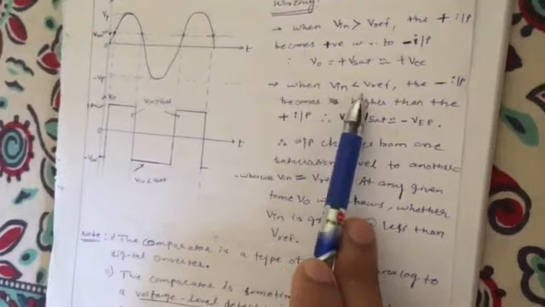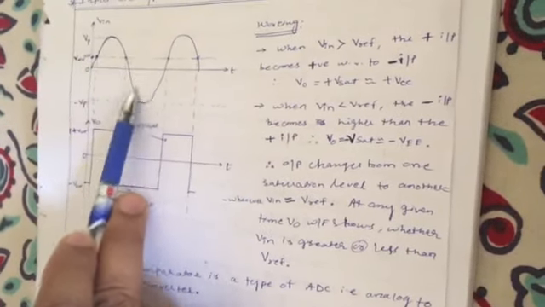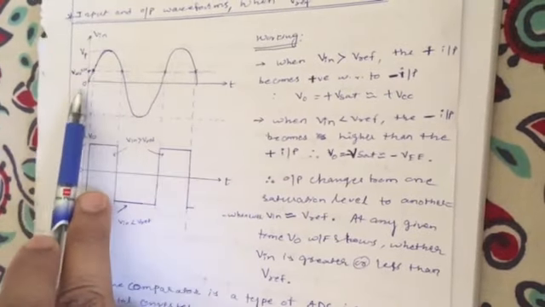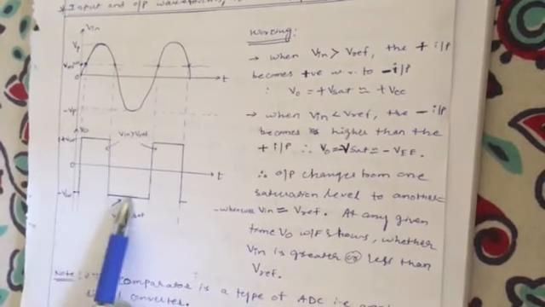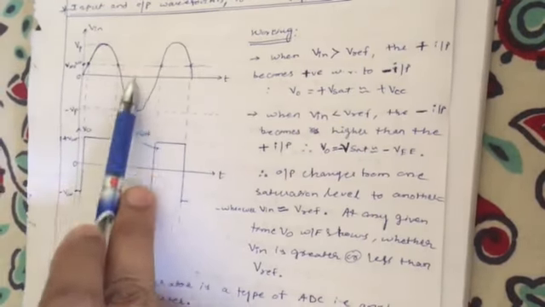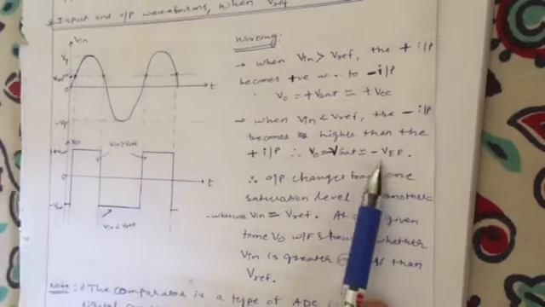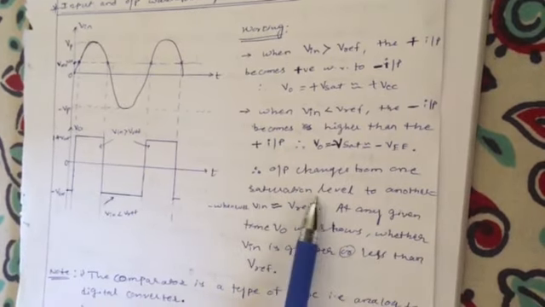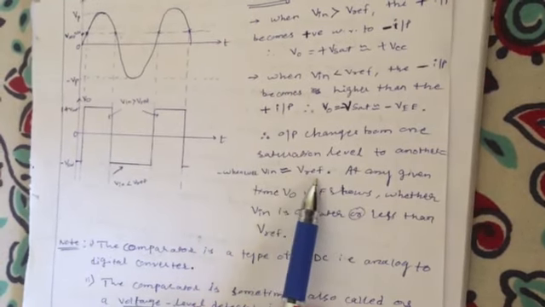Similarly, when Vin is less than V reference, that means this entire portion is nothing but the part of the input where the input is less than V reference. In this part, my output jumps to minus Vsat, and that minus Vsat is approximately equal to minus Vcc. Therefore, the output changes from one saturation level to another whenever Vin is approximately equal to V reference.